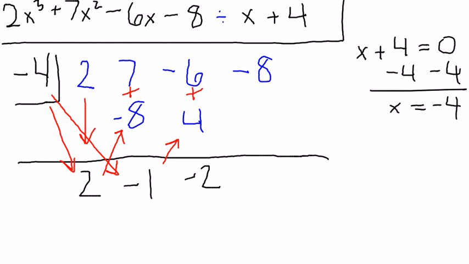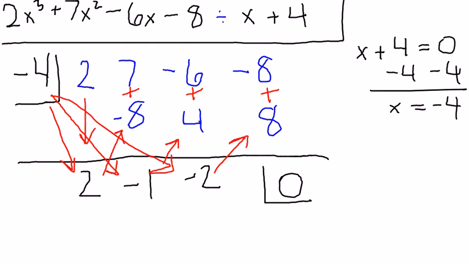Then take negative 4, multiply it by negative 2, bring it up under negative 8, and that would be 8. Add those two numbers together, and your remainder is going to be 0, because negative 8 plus 8 is 0.